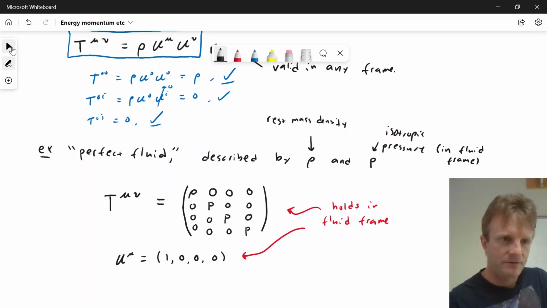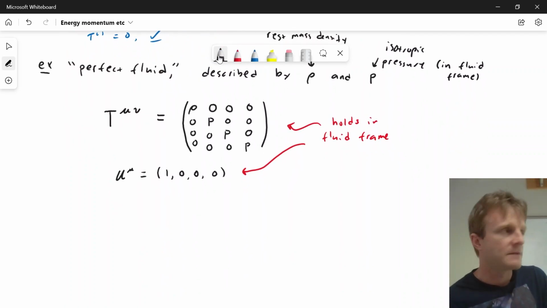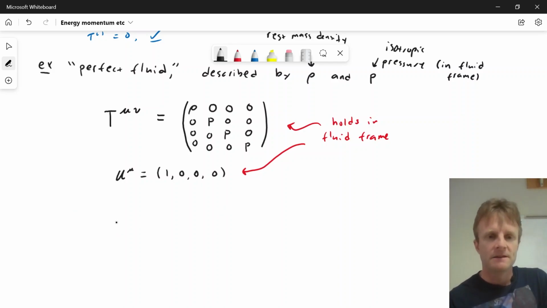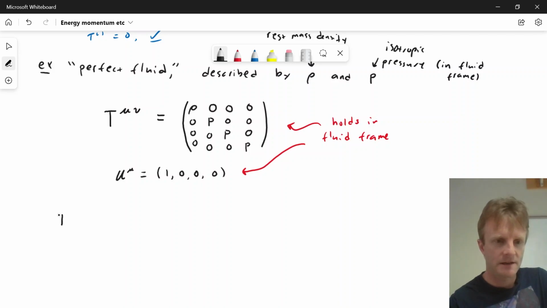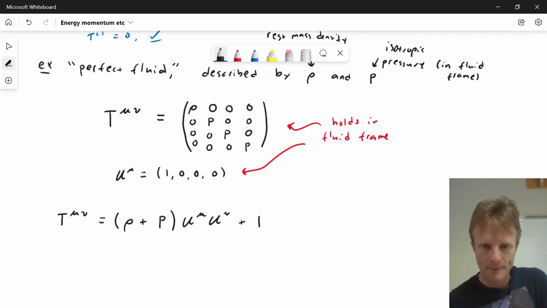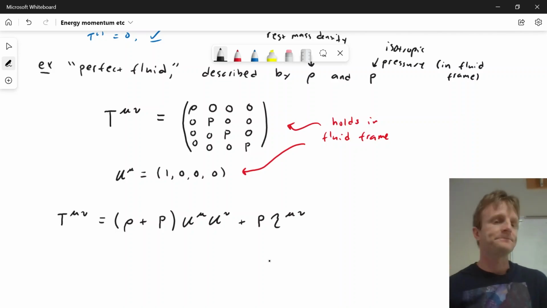So we're really going to have to use the space-time metric now, which is fine. That's a good tensor. We have that around. And the answer is going to be that T^mu nu can be written as (rho plus P) u^mu u^nu plus P eta^mu nu, the space-time metric, or inverse metric in this case.